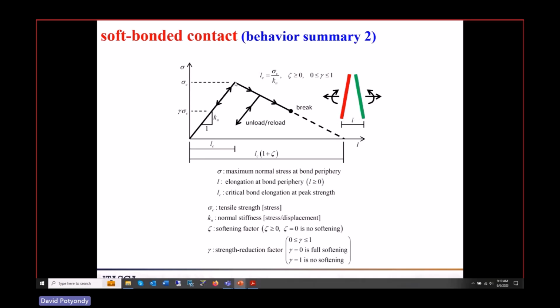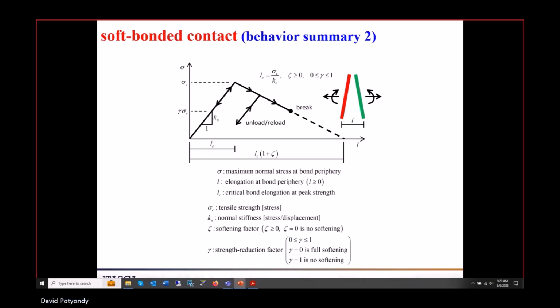If it was a standard parallel bond, it would break and the stress would drop to zero. In this case, as you continue to do this, the stress slowly goes down. That's called softening. If you unloaded it, it would go back up with the same stiffness, and continue to soften. You can control all kinds of things. You can make it break before it softened all the way to zero. That's called a soft bond.